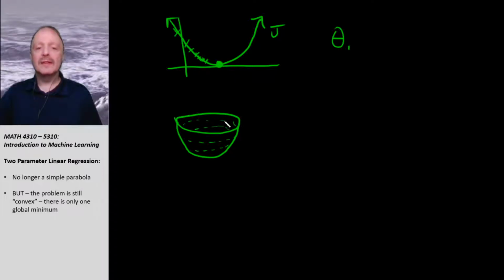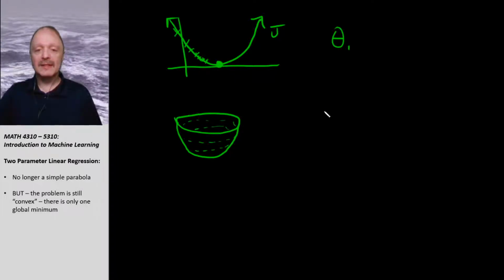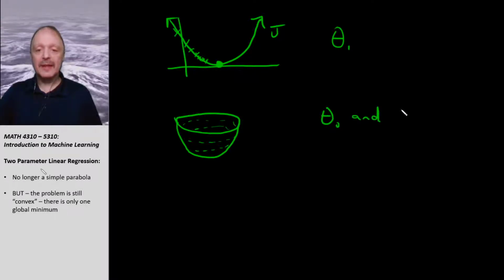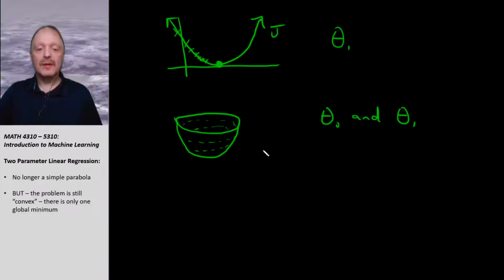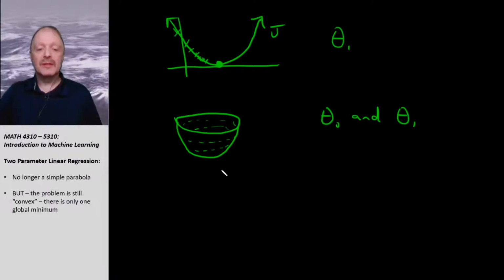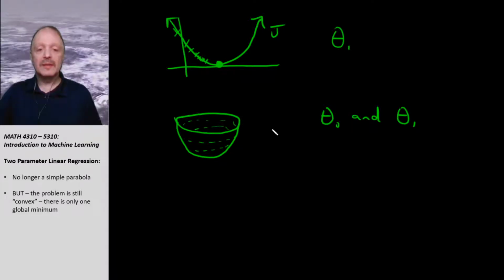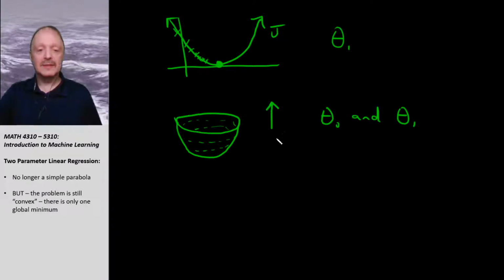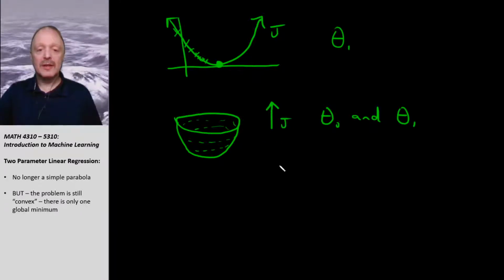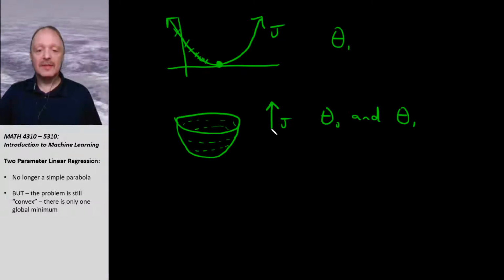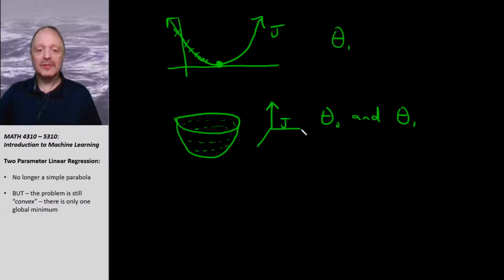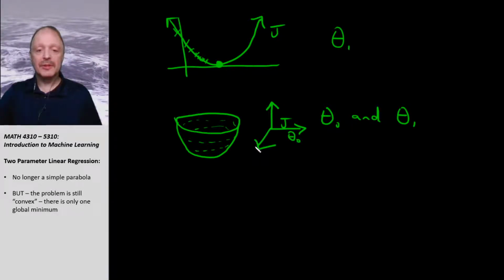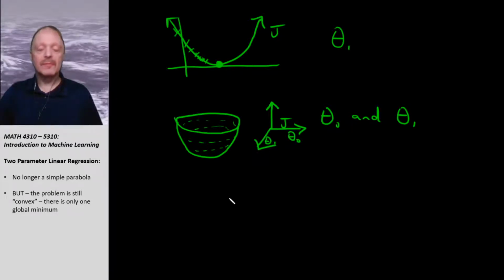What we get is a bowl. This is theta 0 and theta 1, where you can imagine maybe heading up. This is our cost, but the coordinate system here might be theta 0 and theta 1.